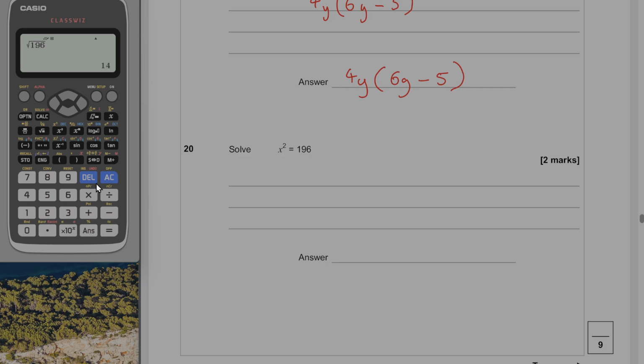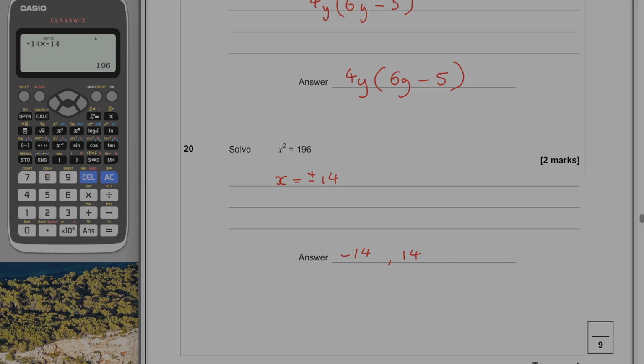That's going to be 14. But technically speaking, 14 times 14 is obviously going to be my answer, 196, but also minus 14 times minus 14 will also give me 196. So technically we've got plus or minus 14. So we've got both values, minus 14 and plus 14. Don't need the plus for the second one.